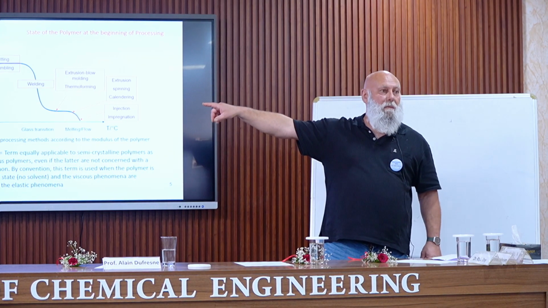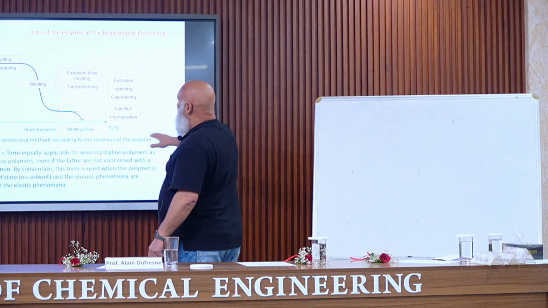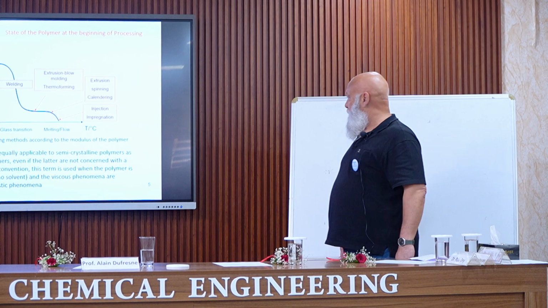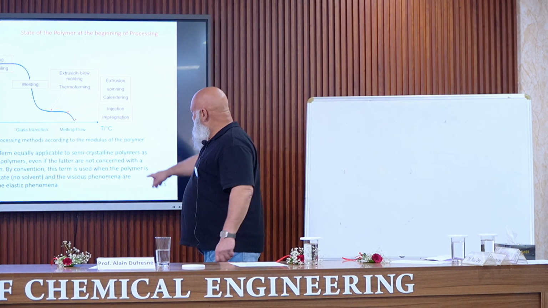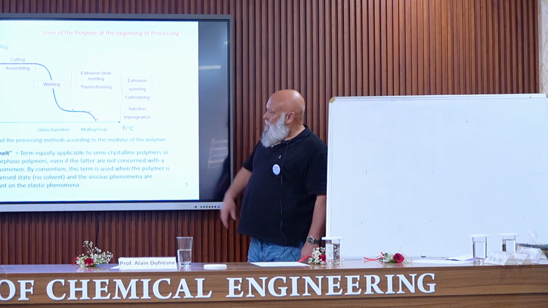I will not detail all these processing techniques, but of course, the evolution of the modulus is linked to the evolution of the viscosity of the material. And depending on the processing technique, it's necessary to have different viscosities. This is what I mentioned previously, polymer melt, which is a term equally applicable to semicrystalline and amorphous polymers.